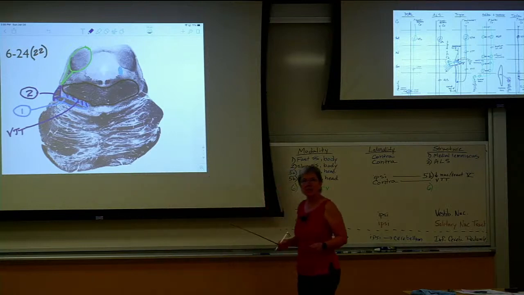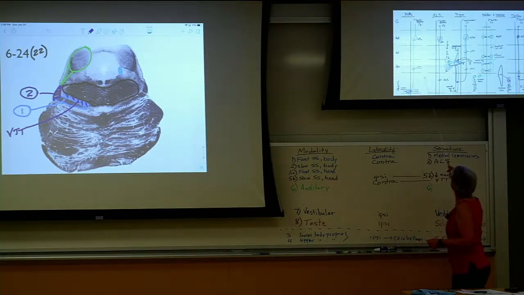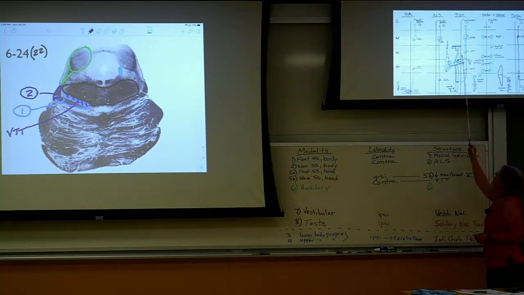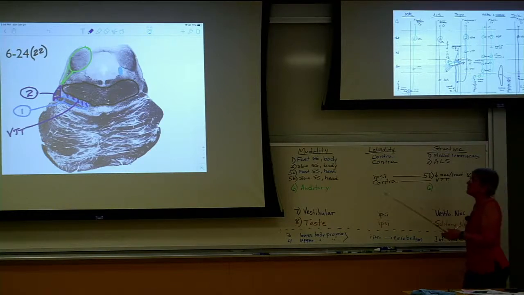And what is running in VTT at this level? We're now in the midbrain. Does this have slow somatosensory information in it? Pause if you need to. Yes, it does. Does it have fast somatosensory information in it? Pause if you need to. Yes, it does. We are now superior to the place where the trigeminal nerve comes in and superior to the principal nucleus of 5. So both fast somatosensory and slow somatosensory information are coming up through these higher order neurons through the VTT.